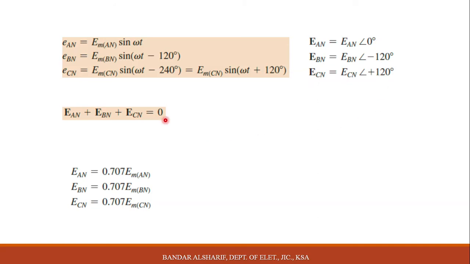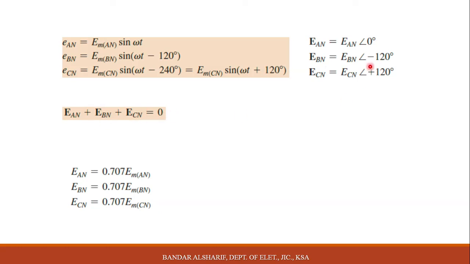In general, we have two types of three-phase system: either balanced system or unbalanced system. In our course, we'll study the balanced system, and when you add EAN plus EBN plus ECN, you will get the value 0.